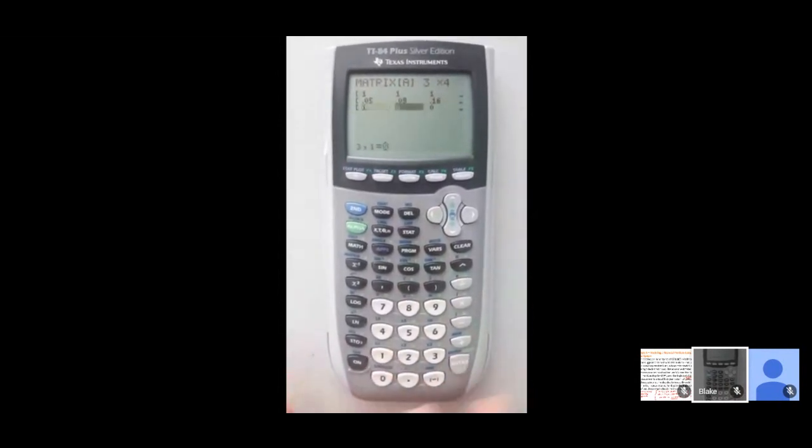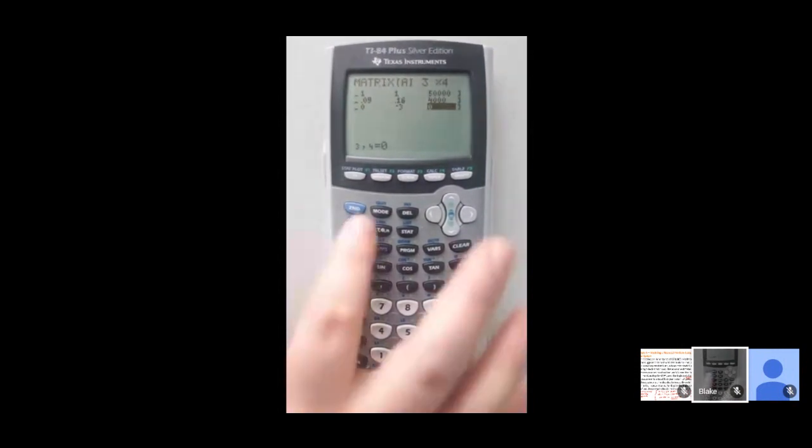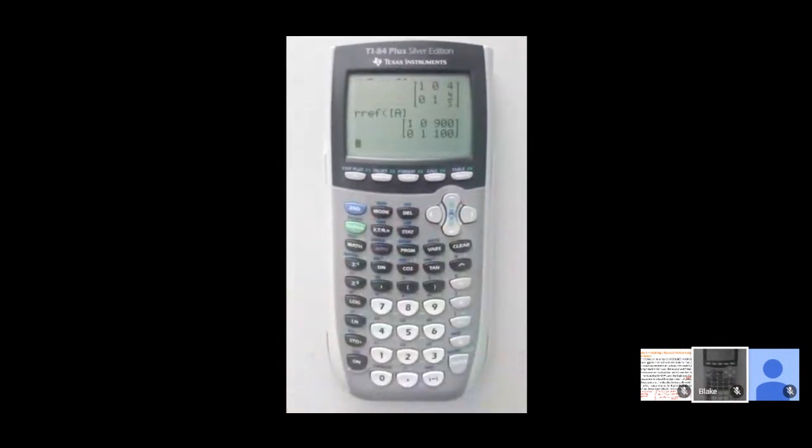And then the last row, we had 1, 0, -3, and 0. All right, now that we've got the matrix in there, get back to your home screen, second quit.